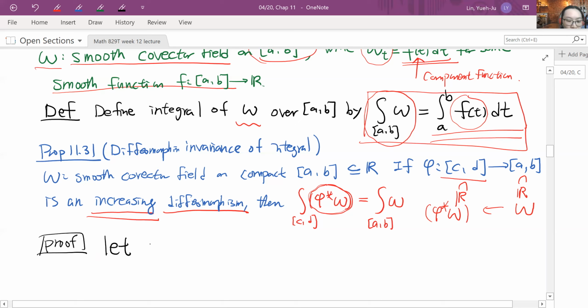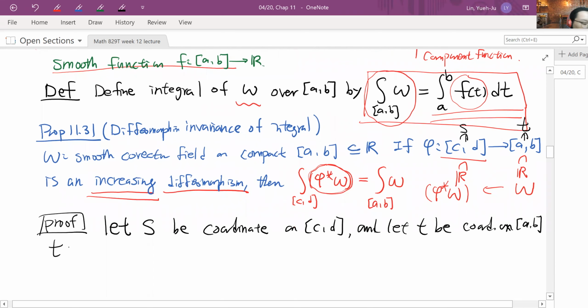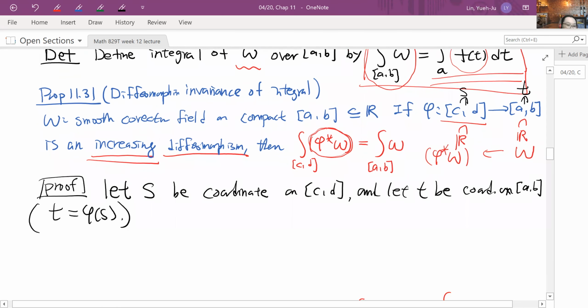T is the variable I use on AB, and for CD, I'm using S as my variable. So that S is the coordinate on CD, and T is the coordinate on AB. In other words, I'm thinking t equals phi of s, right? That's the variable I'm using.